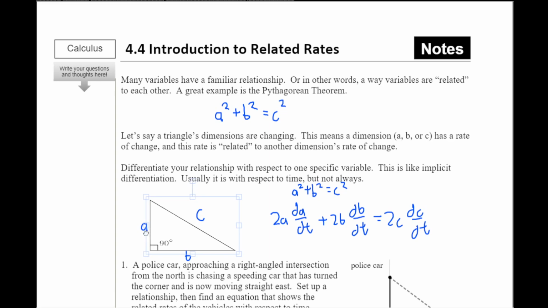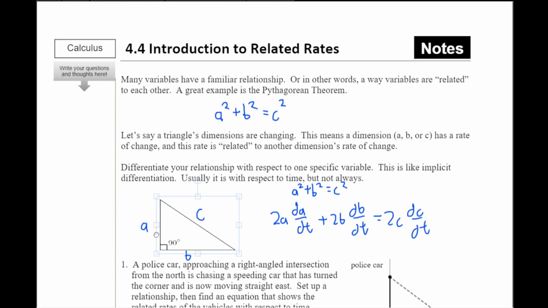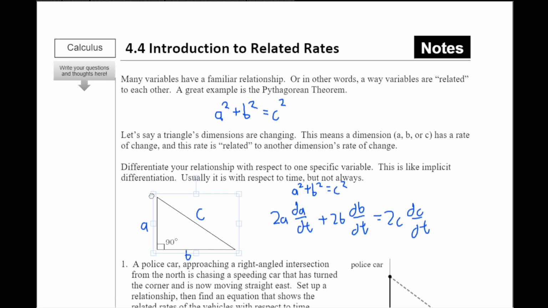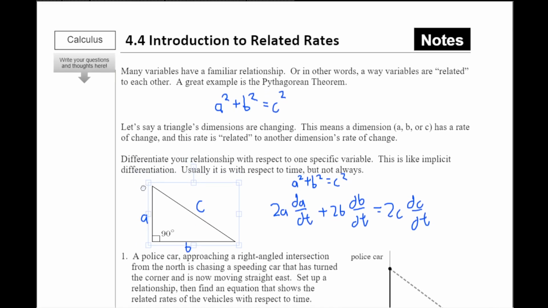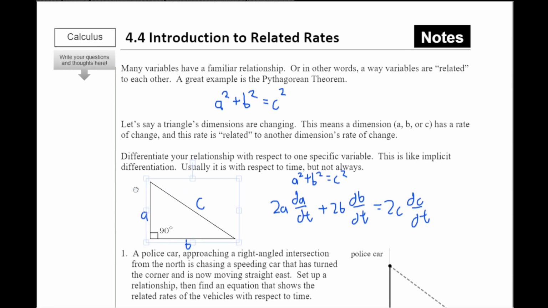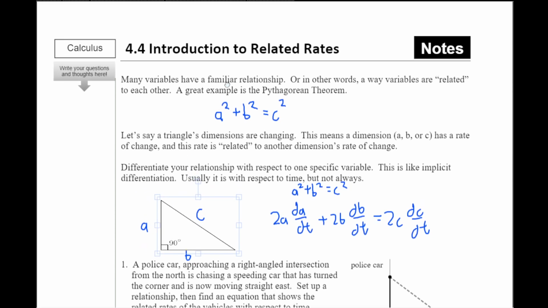The rate of change of side A is 0. So if this were the case, dA/dt would be 0, for example. But if I move it diagonally like this, all sides of the triangle have some rate of change.